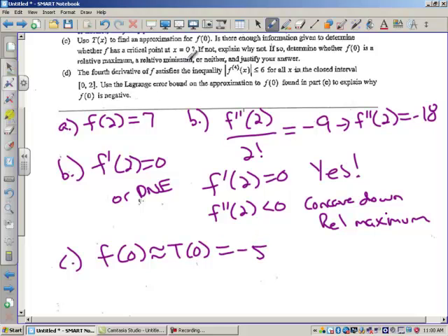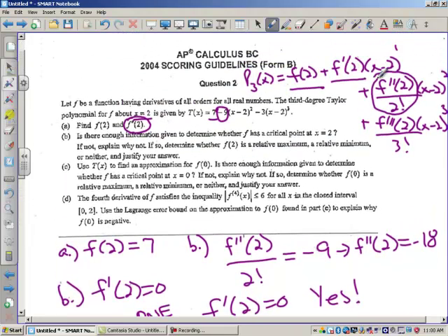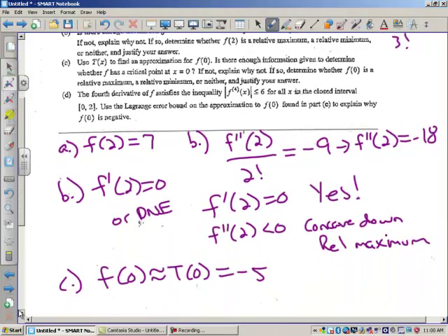And then it asks, is there enough information given to determine whether f has a critical point at x equals 0? Well, just because T of 0 is negative 5, that doesn't mean f of 0 is negative 5. Nor can I find any derivatives for f at 0. All of this information up here is centered at 2. I've got f prime of 2, f double prime of 2, f triple prime of 2. I can figure all of those out. But I do not know, and nor can I find out, f prime of 0.